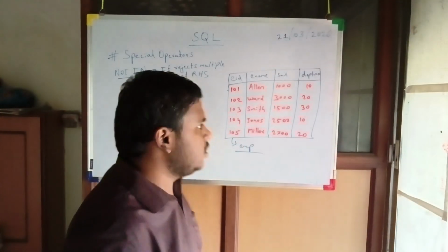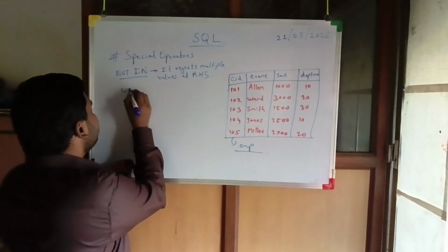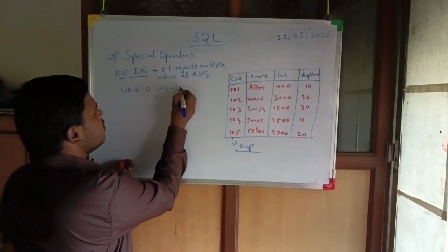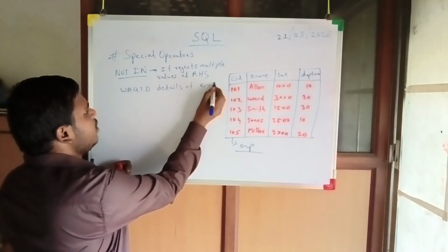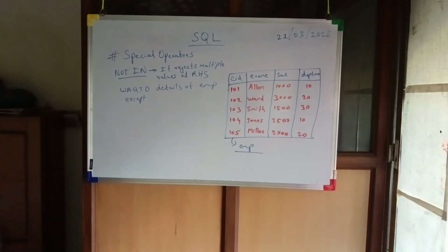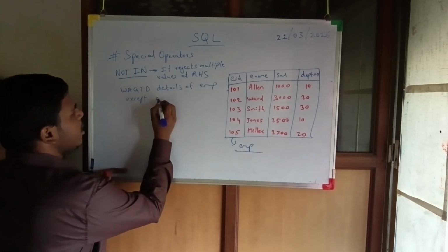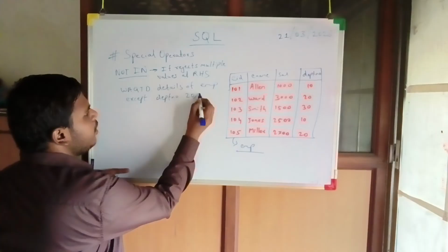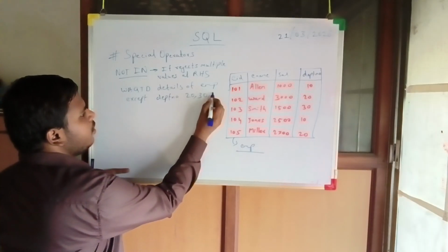How, sir? If I give you a question: write a query to display details of employees except department numbers 20, 30, 40.